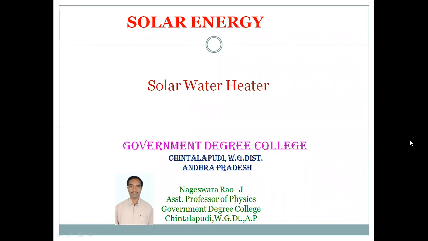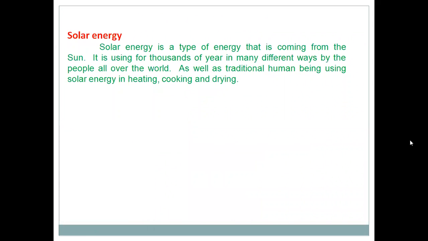In direct thermal applications, solar energy may be used for heating, cooking, and also for drying. In indirect applications, by using solar energy, we can produce electricity. From that electricity, we can utilize it for many applications. So how we can consider the solar water heater and how it can be utilized will be discussed today.